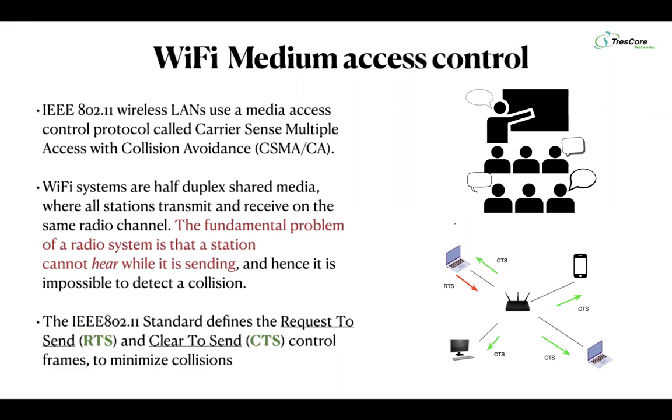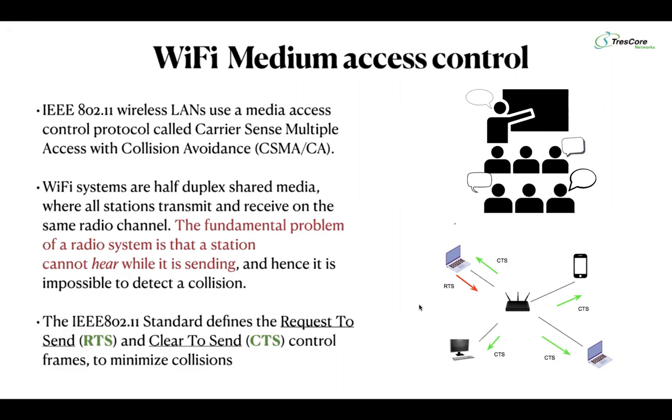It's not like a directly connected end to end. So it's a problem. In Wi-Fi medium access control, the medium is the air, or the space in between the wireless access point and the clients, right?